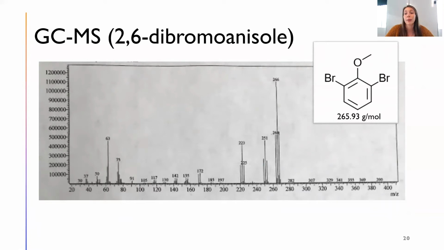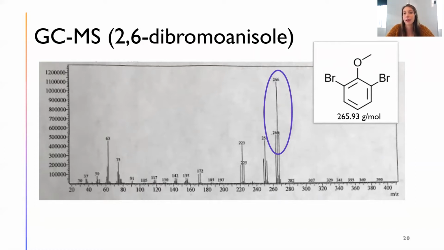GCMS usually gives information about the molecular weight of the molecule, but it also tells you something extra, especially if you have bromine involved. If you look at this peak here is where we're going to really want to focus our attention. There are 3 peaks within that signal, right? And that is because there are 2 isotopes of bromine.